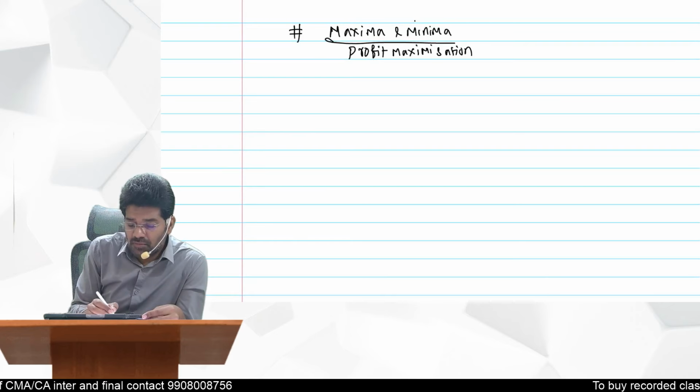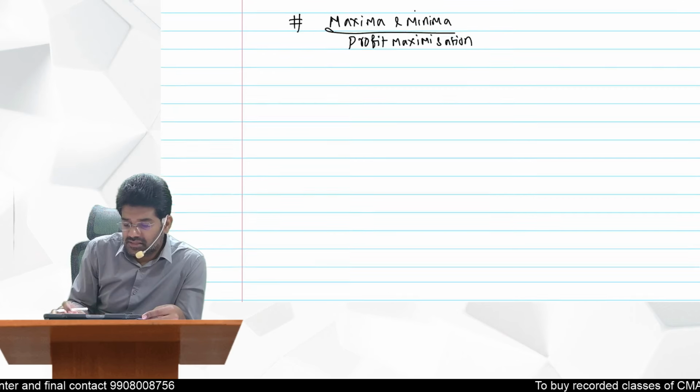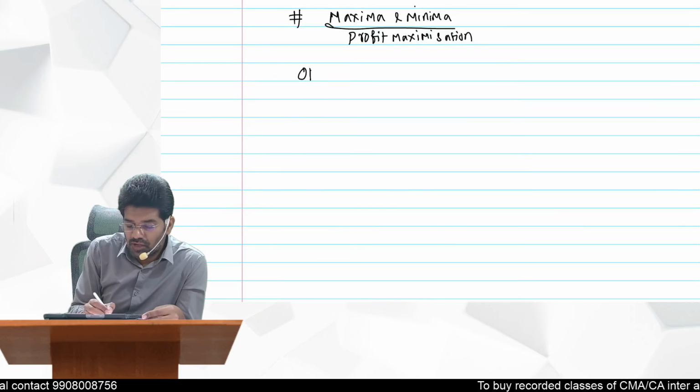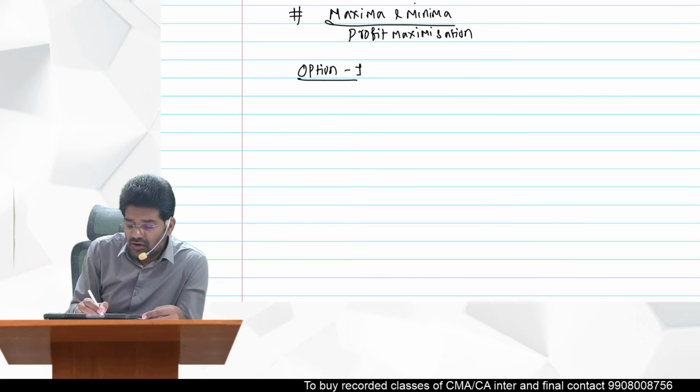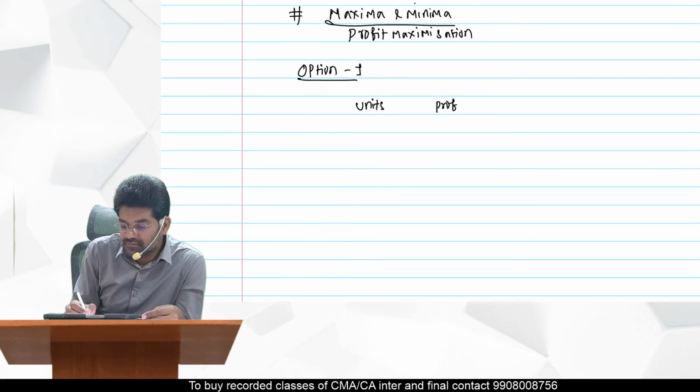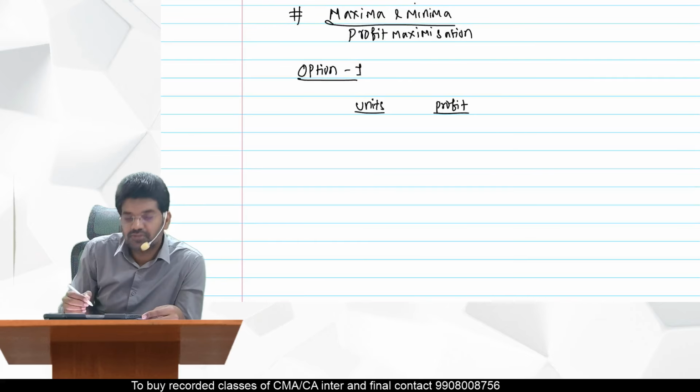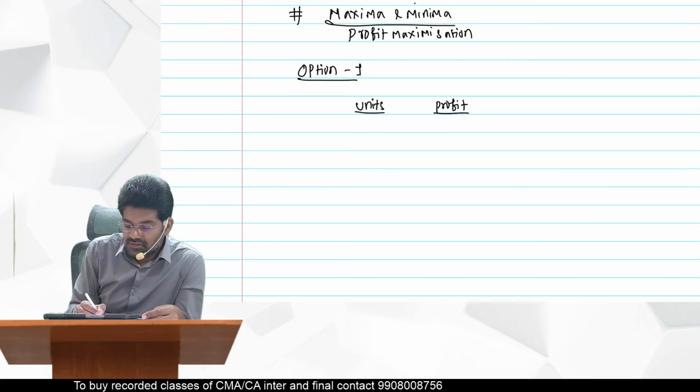What is option number 1 we have? Take all the units and calculate the profit for that. This is the first option. For 1 unit, what is the profit?